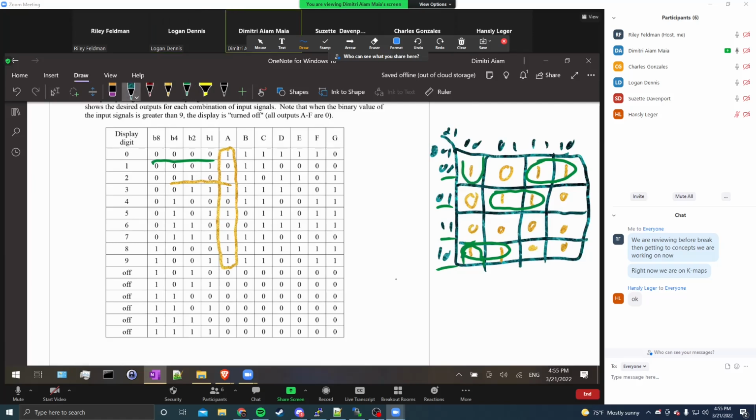And then we do the B's. Let me see. So we have B2, B1, B8 and B4. So this over here is B8. And then this over here is, I hate that I don't have space. Let me see if I can go to the side.